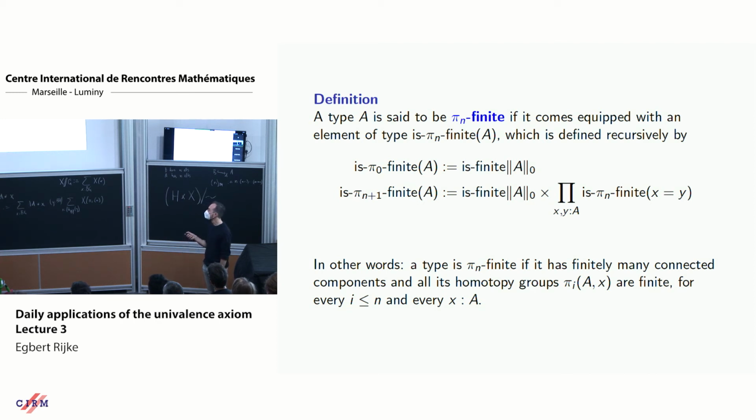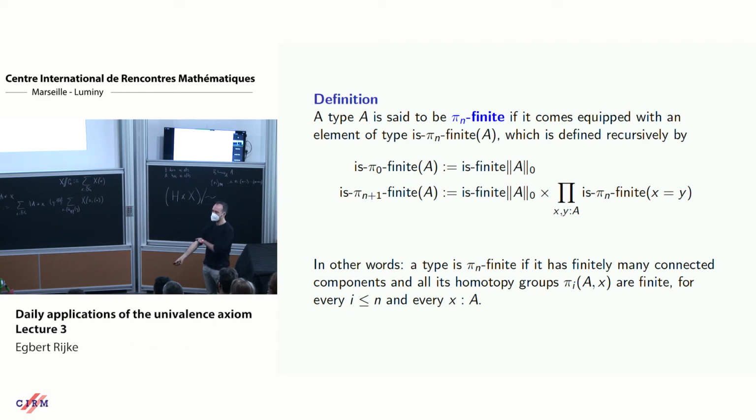And it's pi n finite if it has again finitely many connected components, but the identity types are pi n finite. So this is a recursive definition, and it's equivalent to say that a type is pi n finite if it has finitely many connected components, and all of its homotopy groups at any base point up to level n are finite.